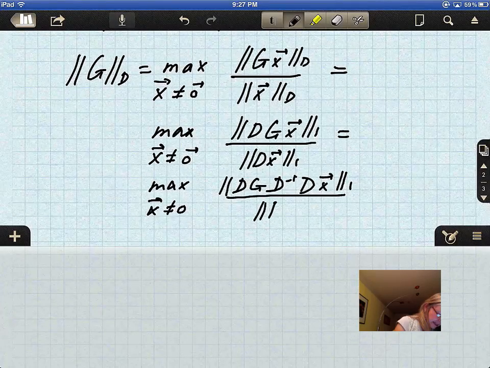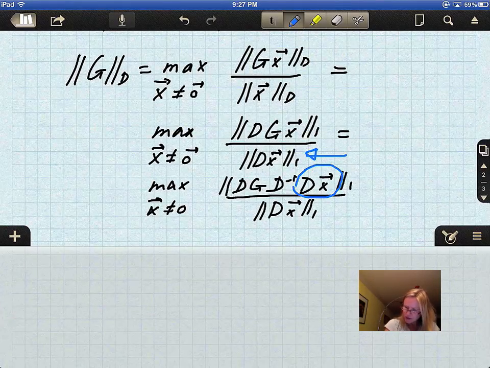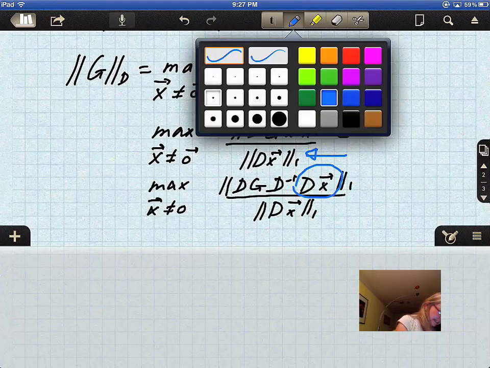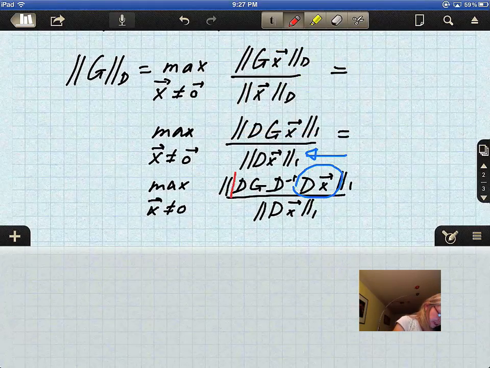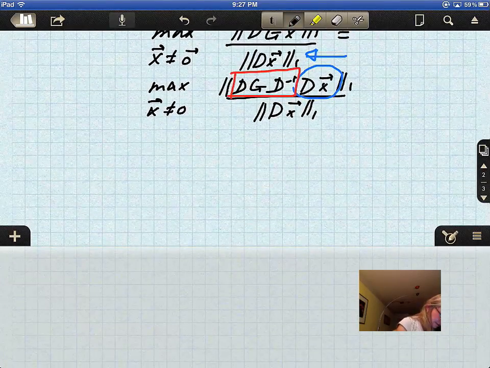And the reason why I'm trying to do this here is because right here we have D x, and I'd like to somehow get a D x also in the top part. So this is what I've done now. And so now we're really interested in the behavior of this matrix here, D G D inverse. So let's have a look at that and see what we can do with D G D inverse.